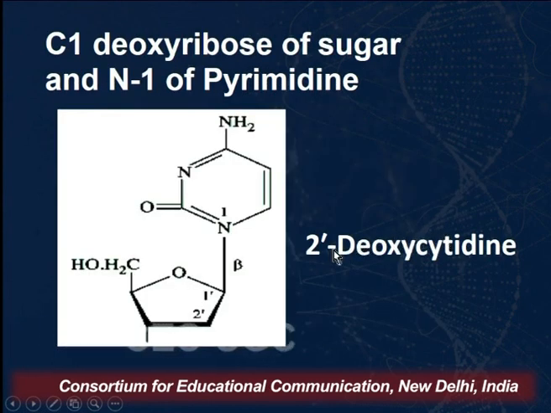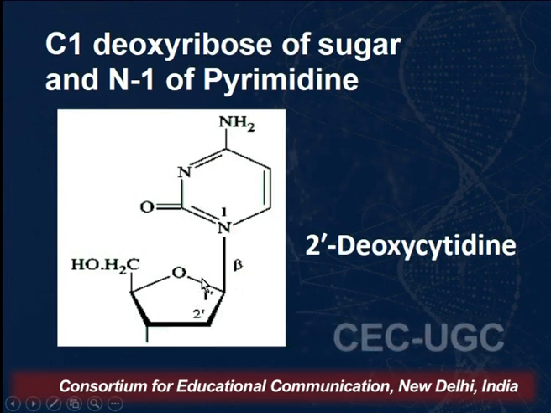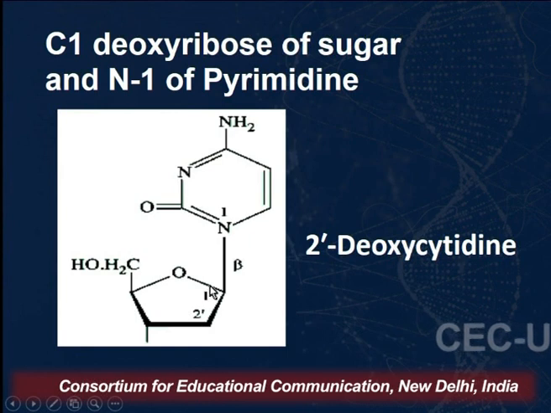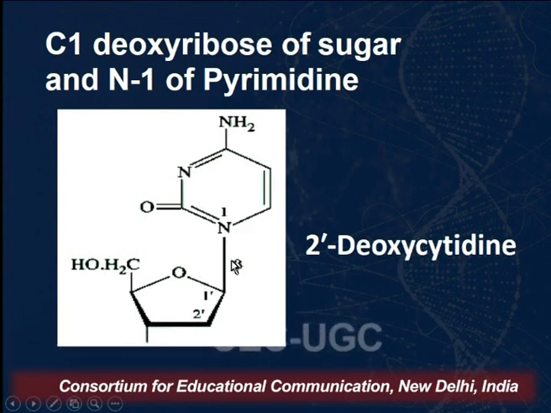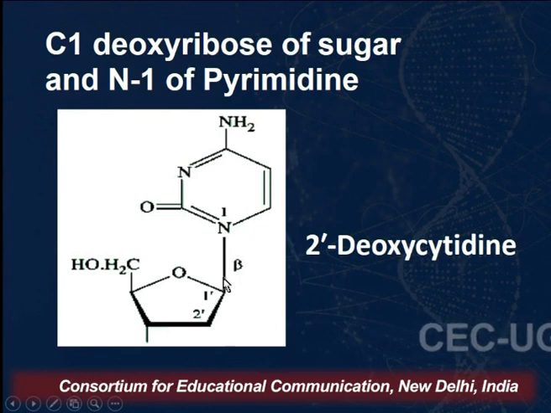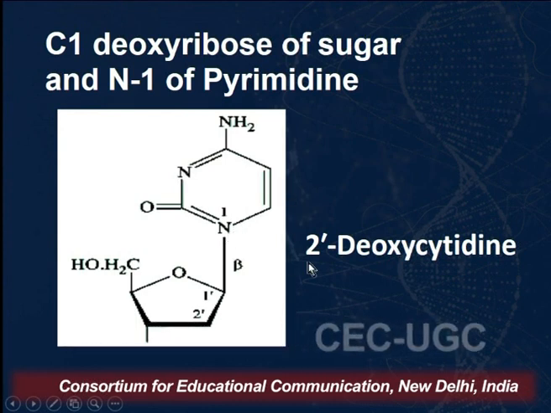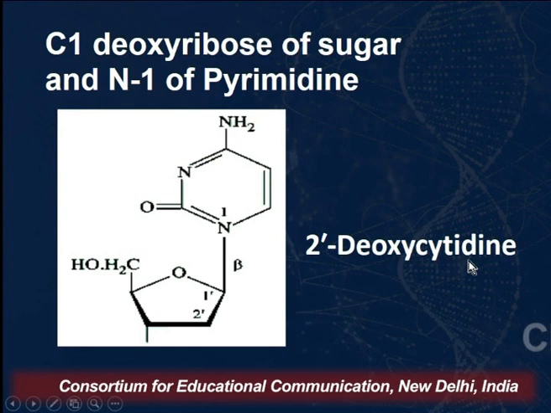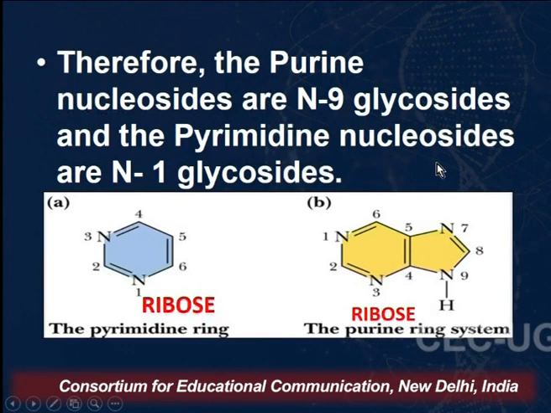If we talk of the pyrimidines, again what we observe here is that the bond is between the C1 prime of the deoxy sugar and the N1 of the pyrimidine, which is cytosine here, and we get a beta N glycosidic linkage, and the name of the nucleoside is 2-deoxycytidine. I'll be discussing why it is cytidine shortly when we discuss the nomenclature of these molecules.